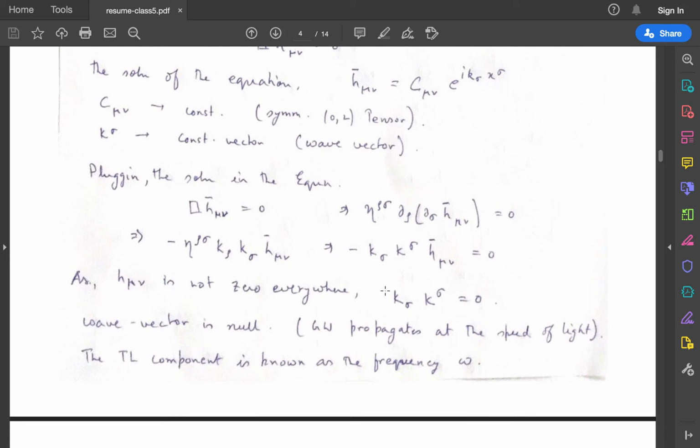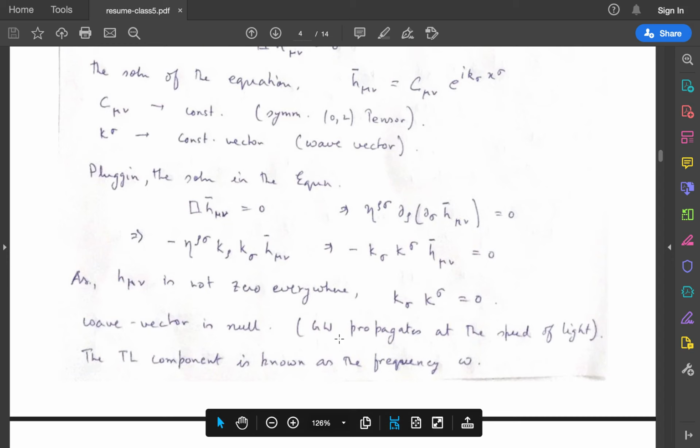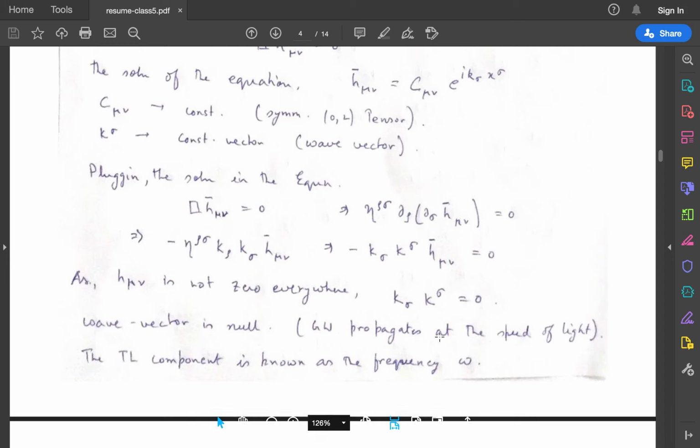So you see that this is the condition. This is a very well known condition to us, known as the condition for null. We find that this k_ρ, the wave vector, is null. So we can say that the gravitational wave propagates at the speed of light. This is the null condition, but more mathematically, this wave vector is null.